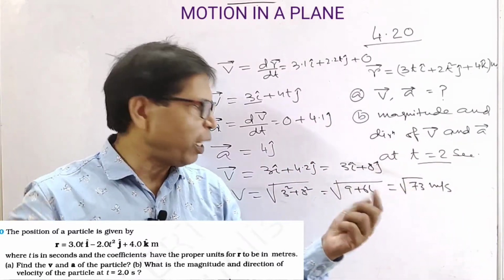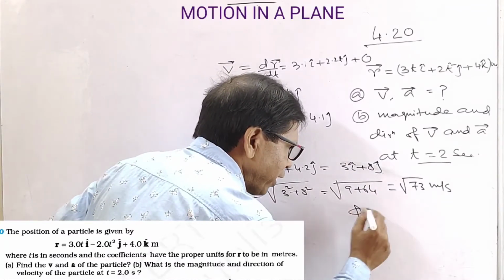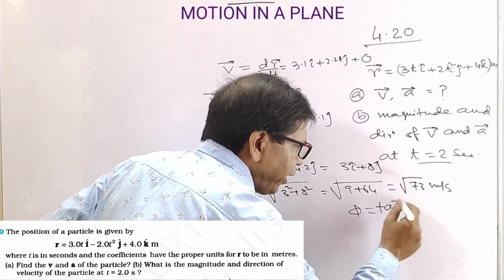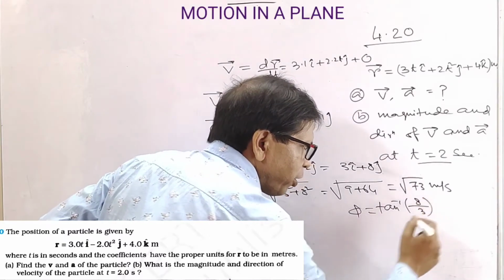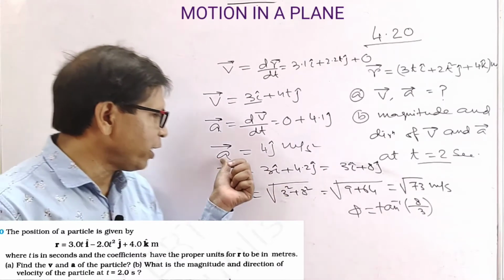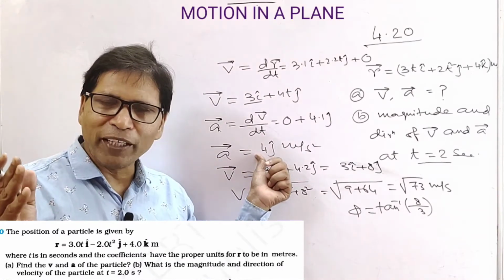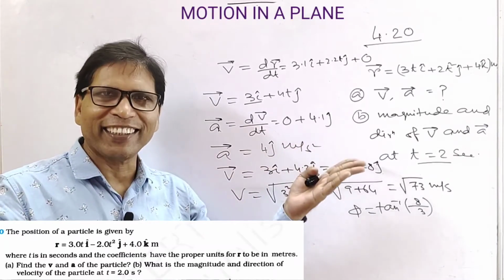Now the angle made by the velocity vector with the x-axis, φ equals tan inverse of the coefficient of j by the coefficient of i. Understood? Now acceleration: the magnitude of acceleration is 4 meter per second square, directed along the y-axis.